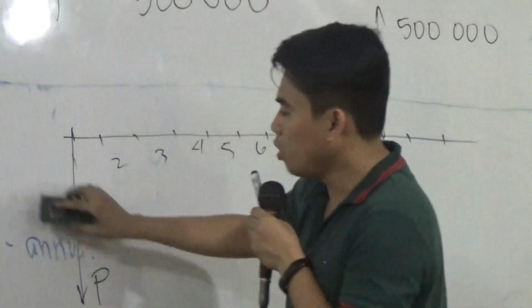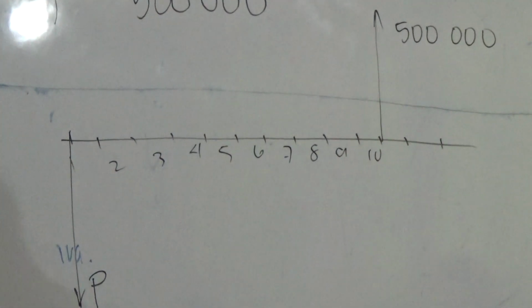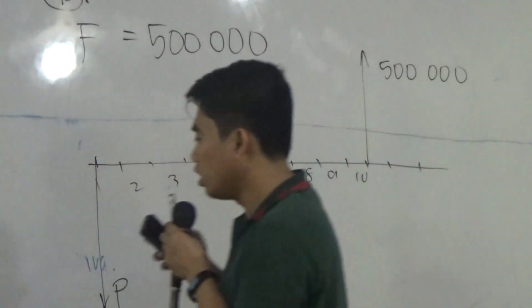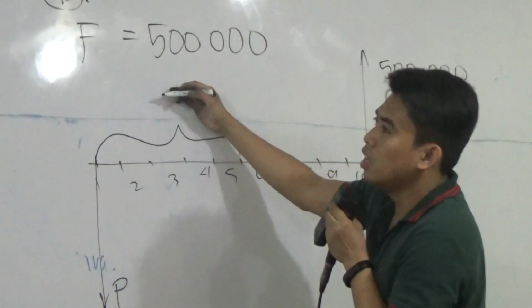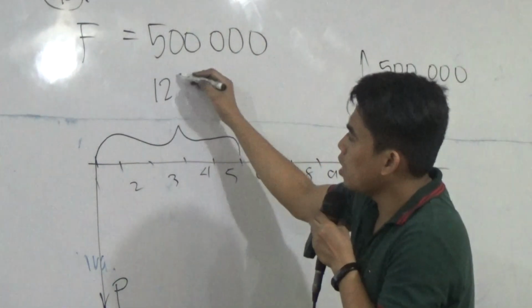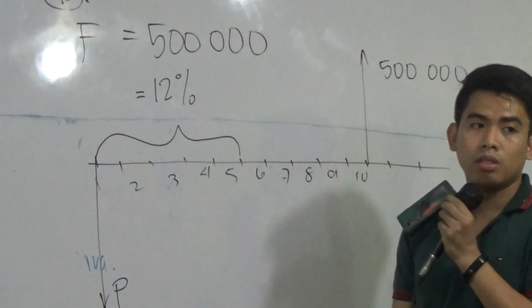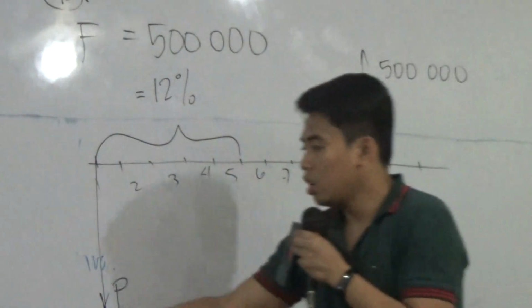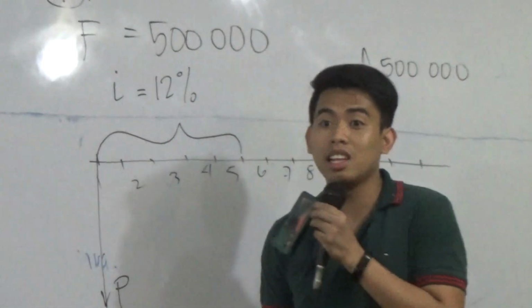Okay? If it will return 12% compounded annually, okay, during the first 5 years, so lagyan ko ng interest rate. Yung first 5 years, okay, 12%. So this is 12%. Anong klaseng I? Nominal. Kaso sinabi, annually. Tama? So, that is nominal, pero since annually, that is I lang din. Tama?